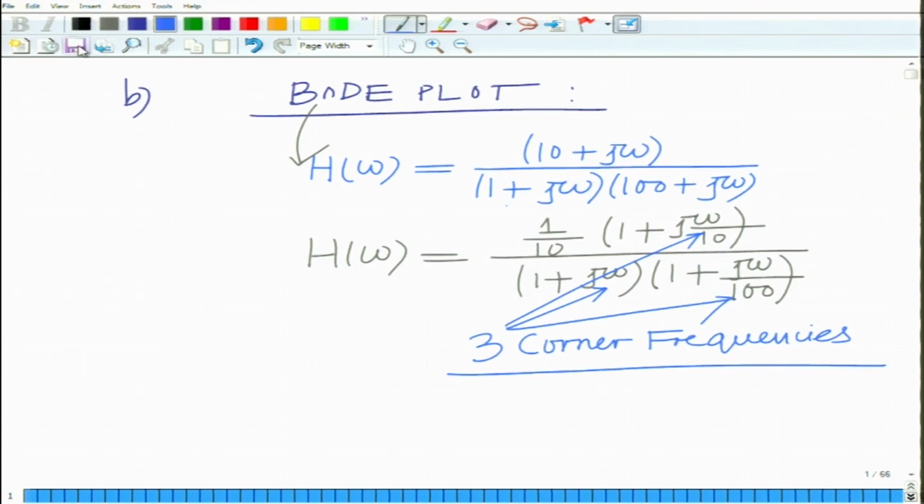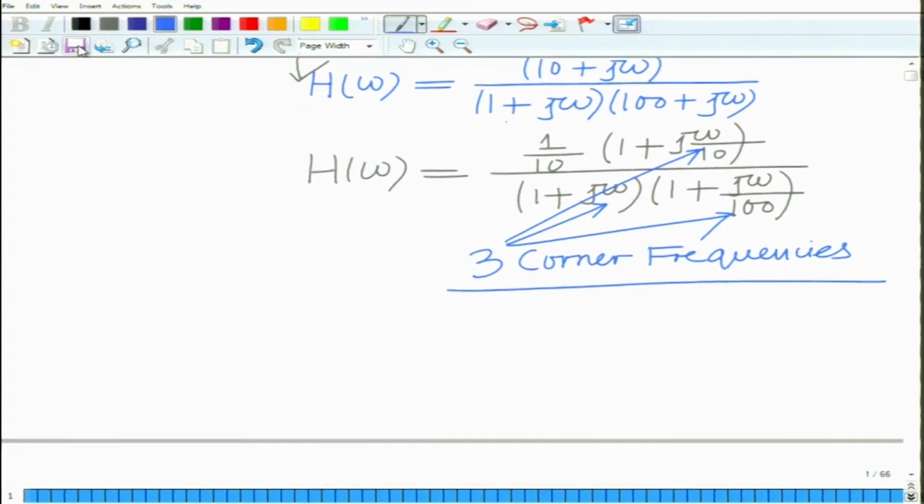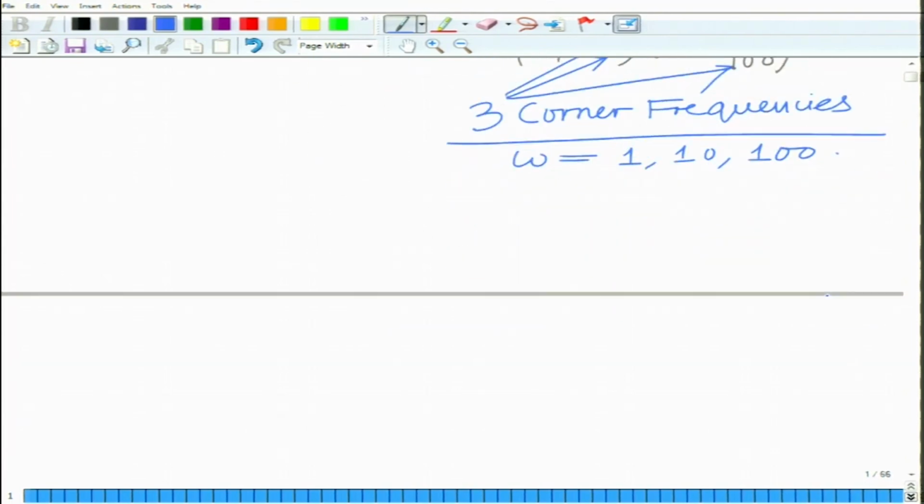These are omega equals 1, 10, 100. Now, let us start with the first corner frequency.